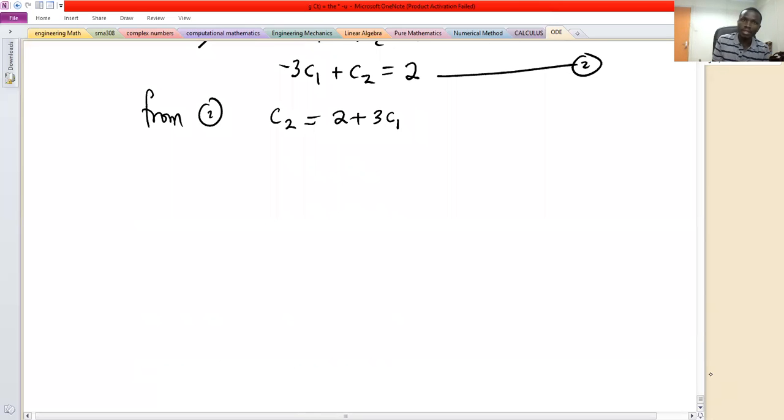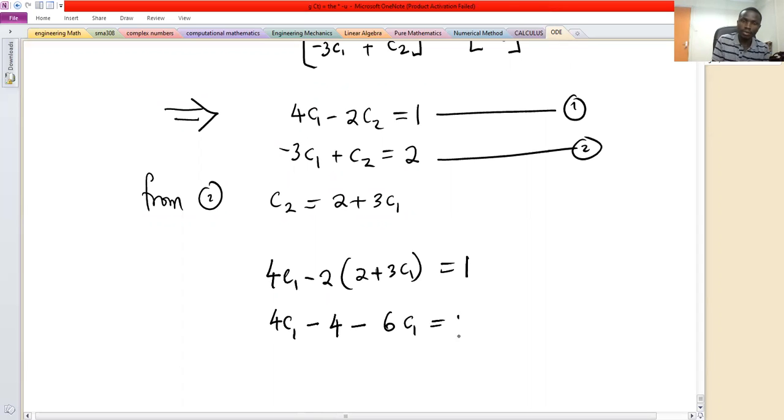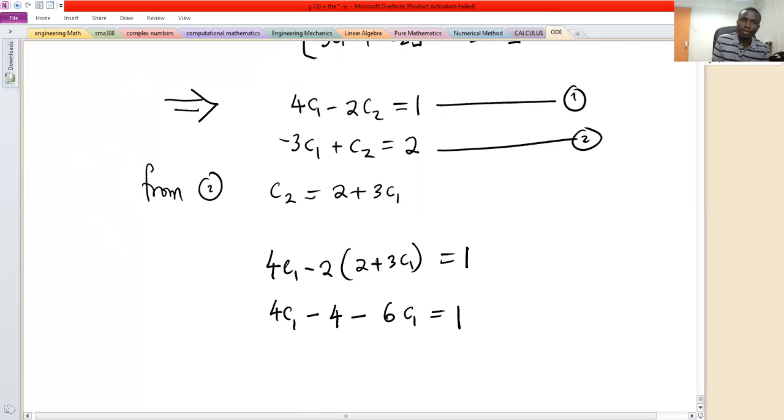So we can substitute that for C2 in the first equation. And so we have 4C1 minus 2 into 2 plus 3C1 equals 1. So 4C1 minus 4 minus 6C1 equals 1. So we'll have minus 2C1 equals 1 plus 4, which is 5.